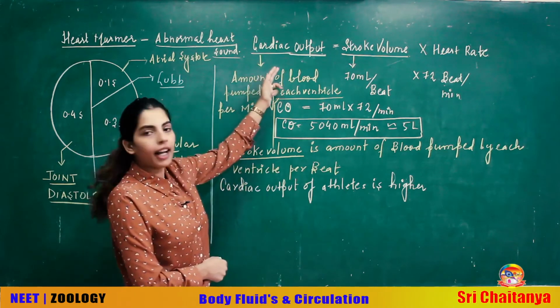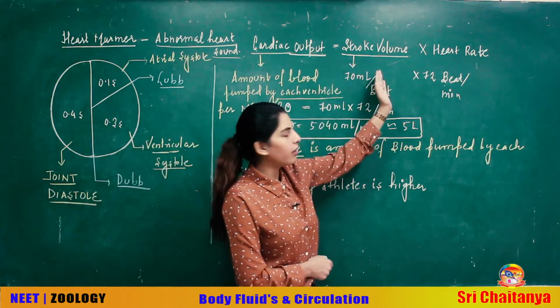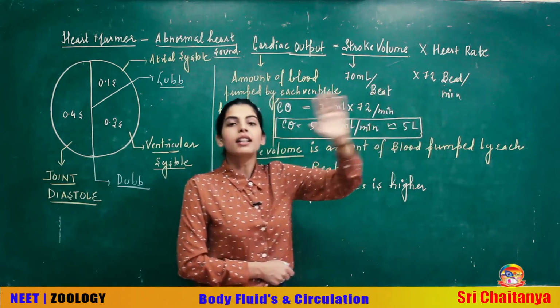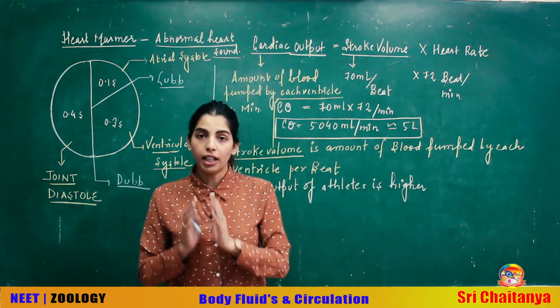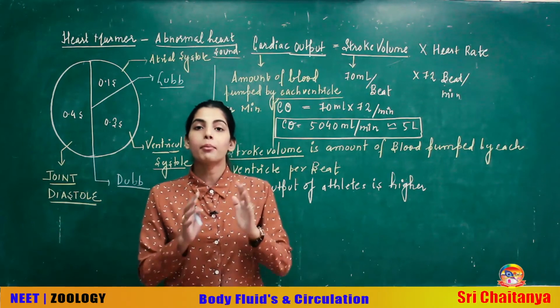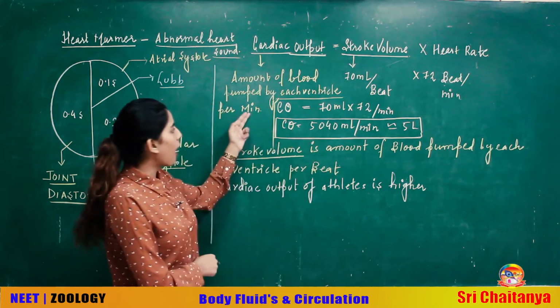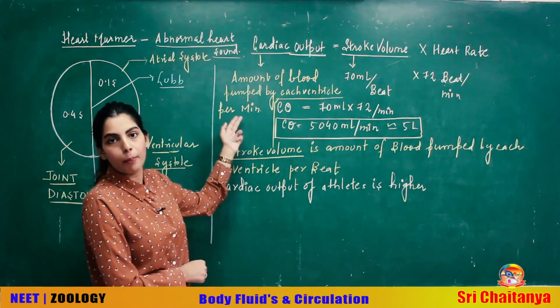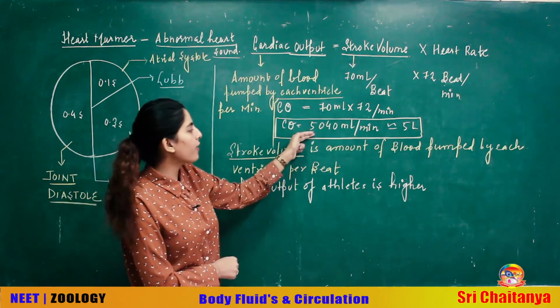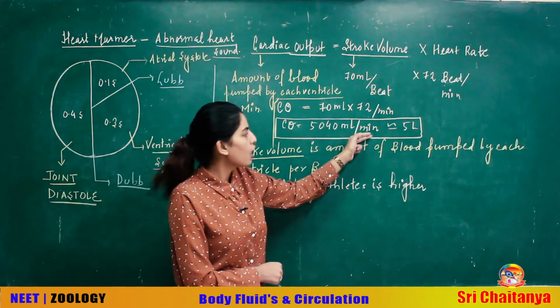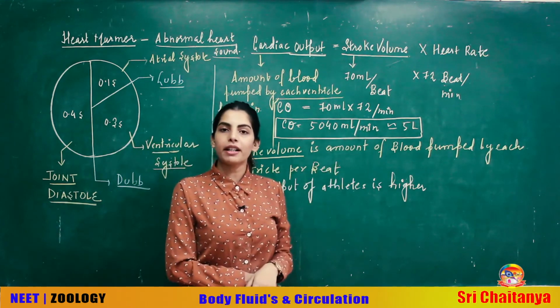When you are defining cardiac output, you can easily define it by the units, right? Cardiac output is the amount of blood that each ventricle pumps per minute. When you calculate it, that is approximately 5040 ml per minute or 5 liters per minute.